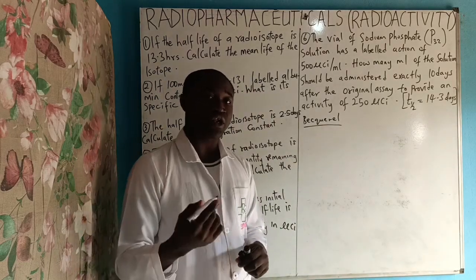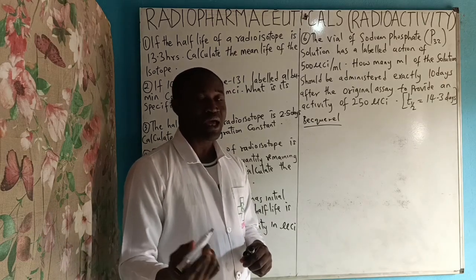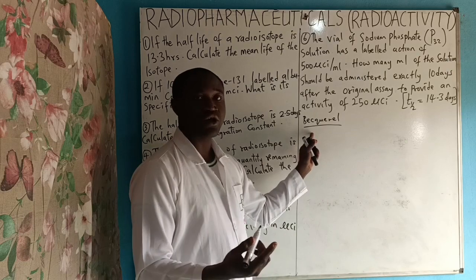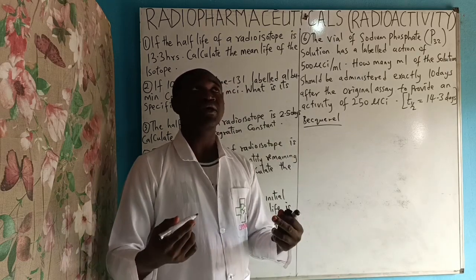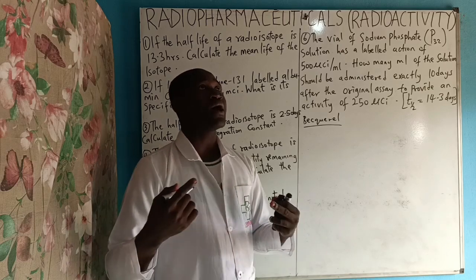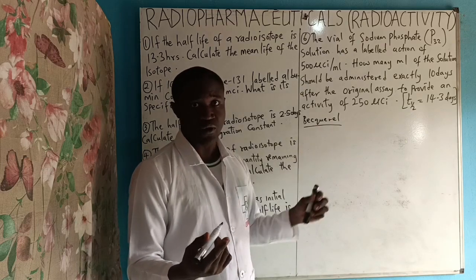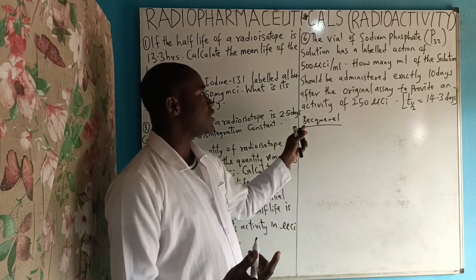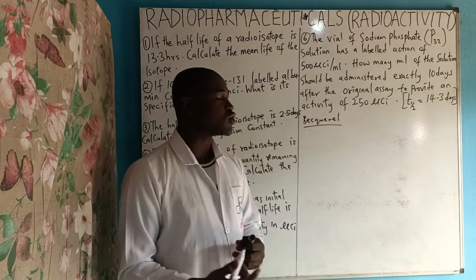Other units of radioactivity we have are curie, millicurie, and so on. This becquerel, you can also see kilobecquerel, gigabecquerel, megabecquerel, and so on. So we have other subunits of it, but the number one unit of it is becquerel.